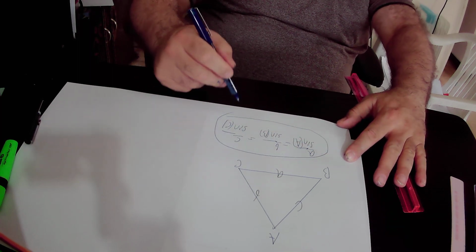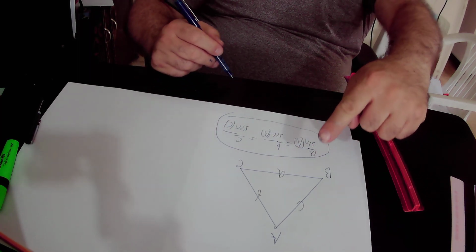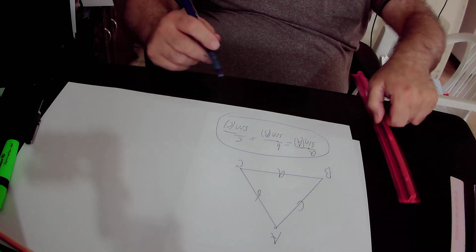Okay, in any triangle, A over sine A equals B over sine B equals C over sine C.